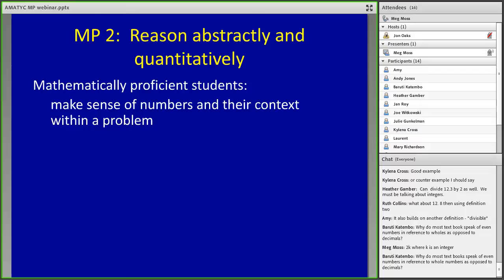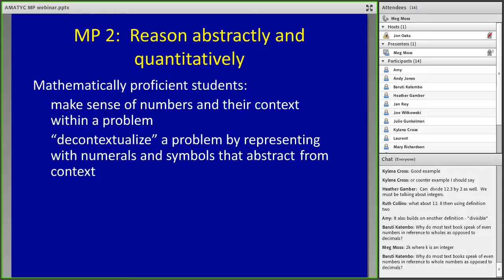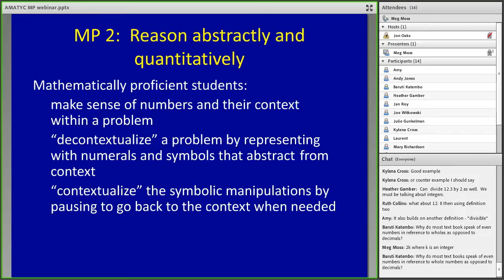Make sense of numbers and their context within a problem. And then it talks about being able to decontextualize a problem by representing with numerals and symbols that abstract from the context, and then being able to contextualize the symbolic manipulations by pausing to go back to the context when needed.